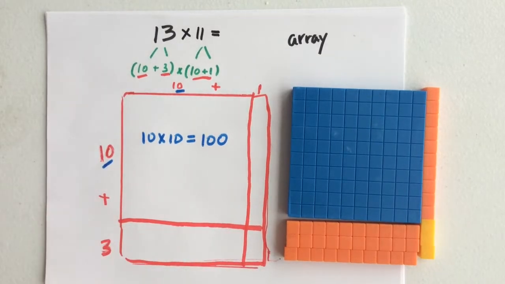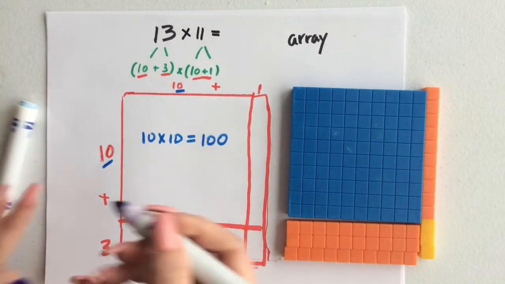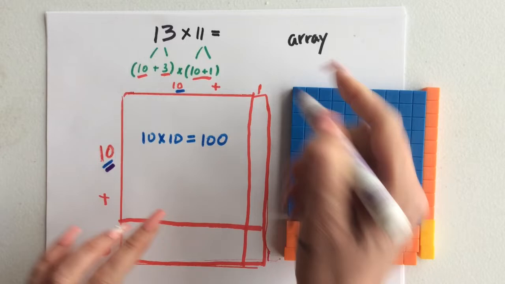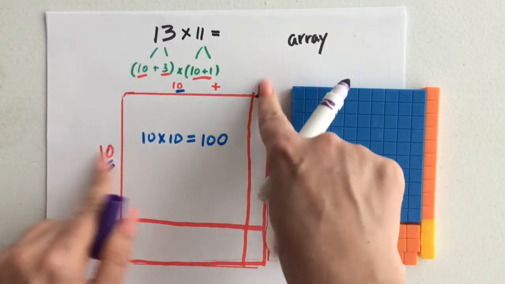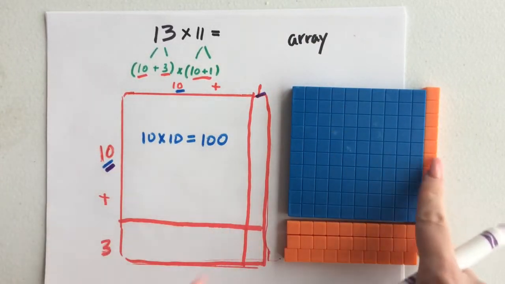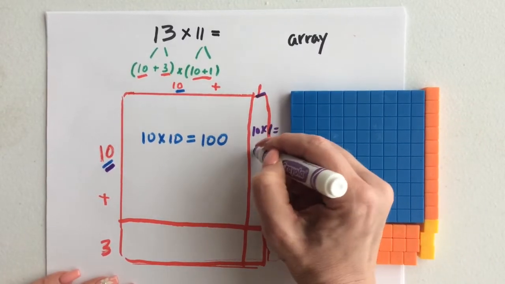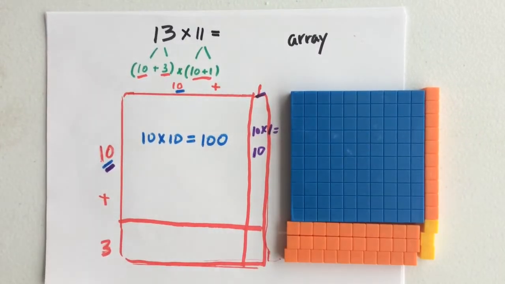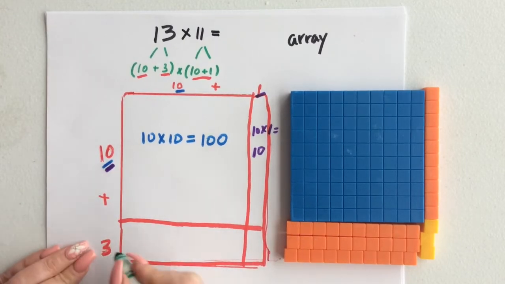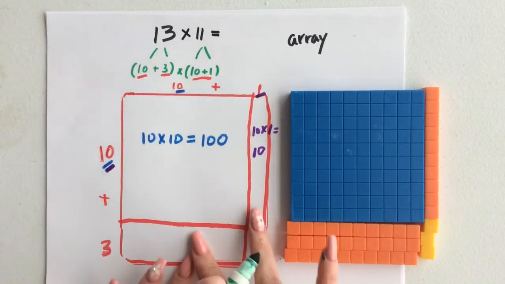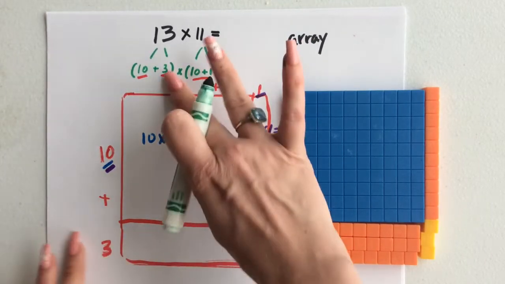Okay. The next thing I'm going to do is I'm going to say my 10 times 1. So 10 one time, so that's 10 one time. So 10 times 1 equals 10. Now I've moved down. I want this piece, and I like to follow my fingers. I want this piece right here.